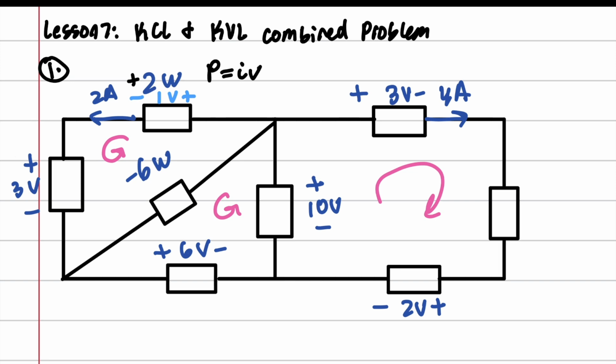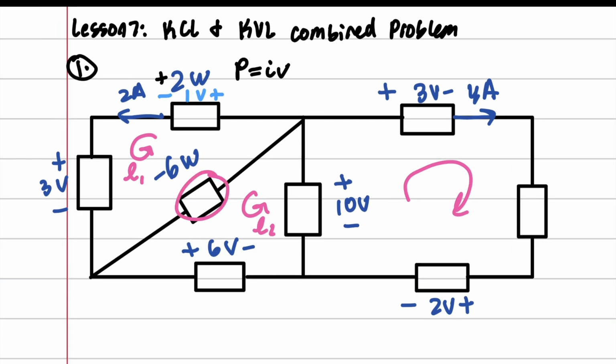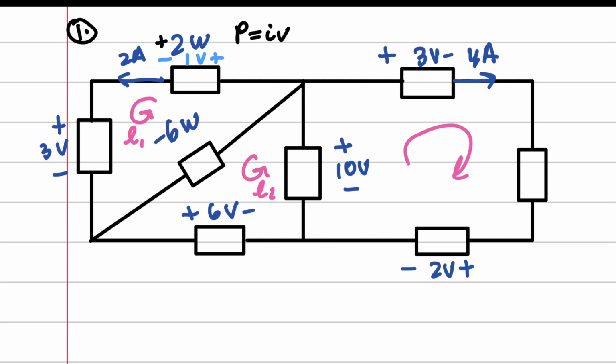But since we're still in this area, might as well do it. So loop 1, loop 2, and you can solve for this voltage with either loop, because you are given the voltages of either one of these, or you calculated the voltage of this one, and you can therefore use it in this calculation right here. So let's go ahead and just do both.